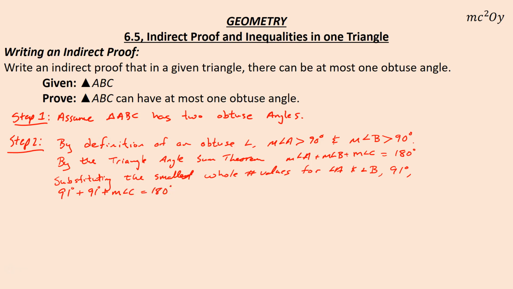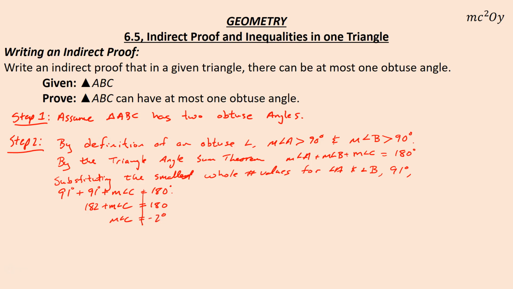Now some of you might see the problem. Well, if we do the math here, mathematically we would have on this side of the equation 182 plus the measure of angle C equals 180. We subtract 182 from both sides, we get the measure of angle C is equal to -2 degrees.